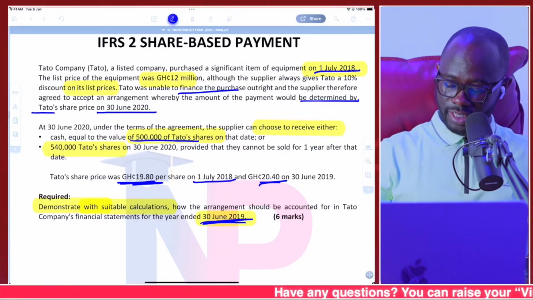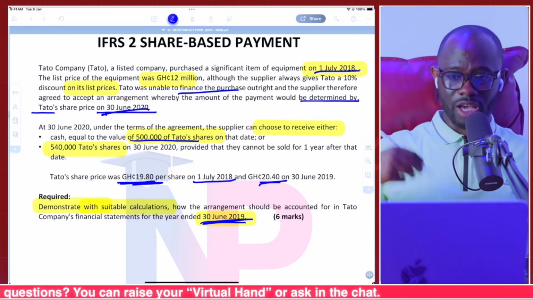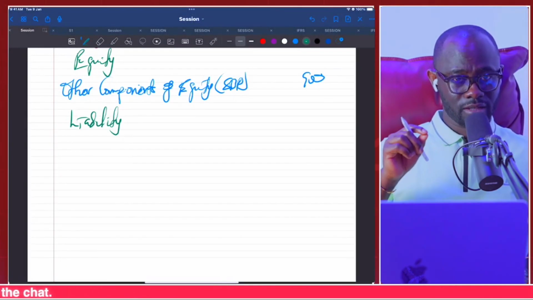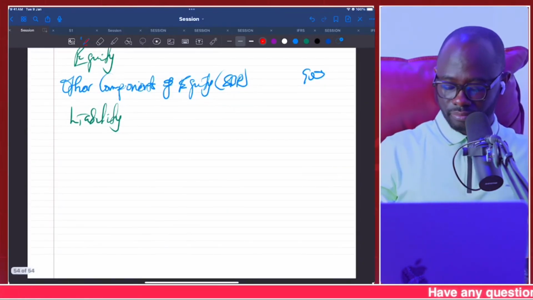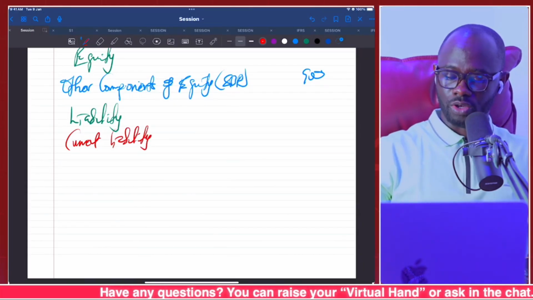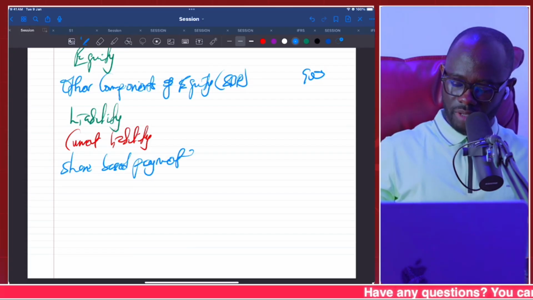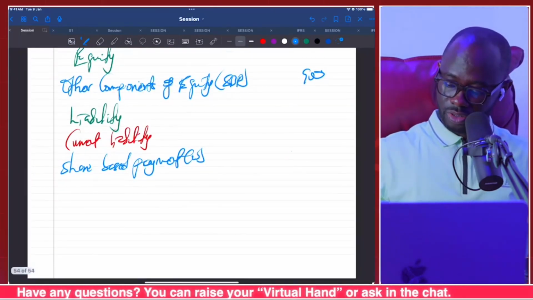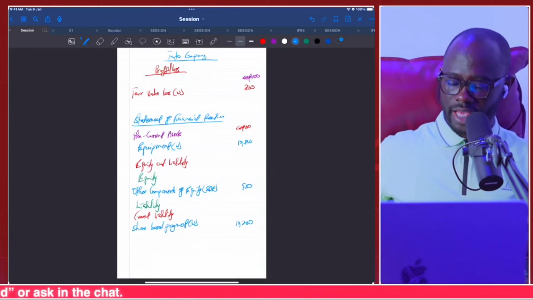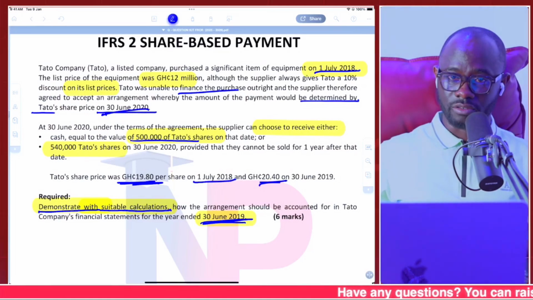We bought in 2018. The person can redeem in 2020. That's 2 years. We've done 1 year, so we have 1 more year to go. So that will come under current liability. Classification is important, okay? So under current liability, we're going to have the share-based payment, which is the remeasured amount, 10,200.